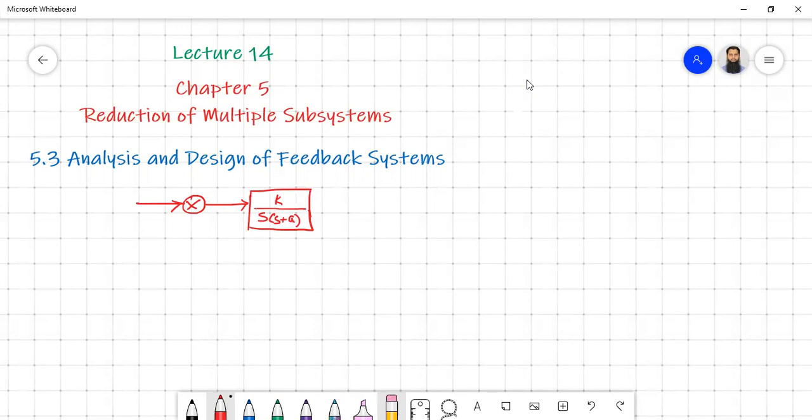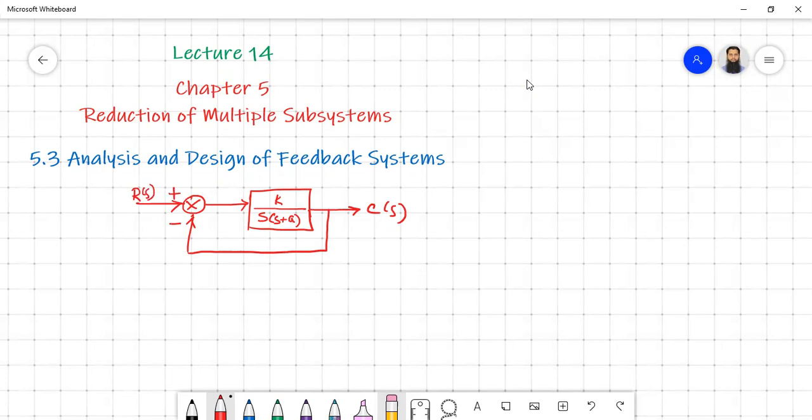Only the value of alpha is here replaced by A. Okay, so negative feedback has been discussed in general. So this is your C of S, this is your R of S, and then the appropriate signs are there.